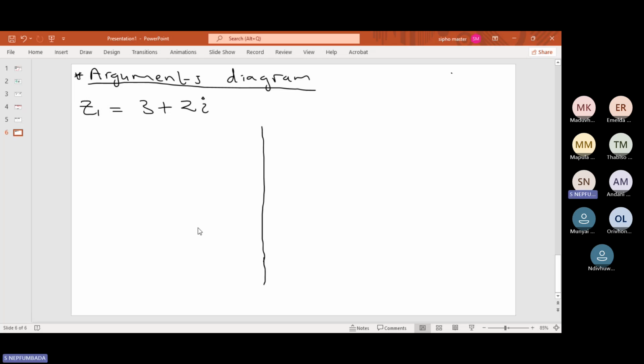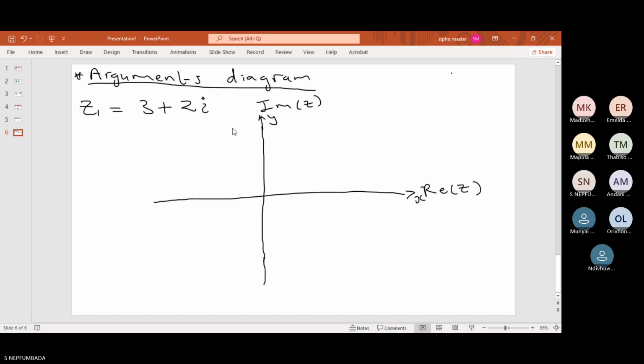See that I'm failing. So ourselves, we know that this is the real part of Z, which is the X. This is Y, the imaginary part of Z. Are we good?